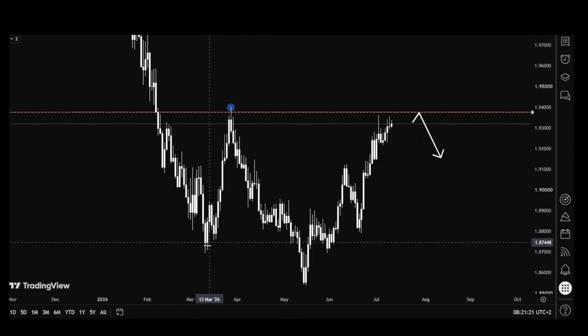So again, it's the same thing as before, but now we're on the daily chart. Price comes up here and it starts to sell off. That's the only reason I'm going to take this trade again. I have an alert here, GBP AUD crossing. So I wait all the way until price gets up here.